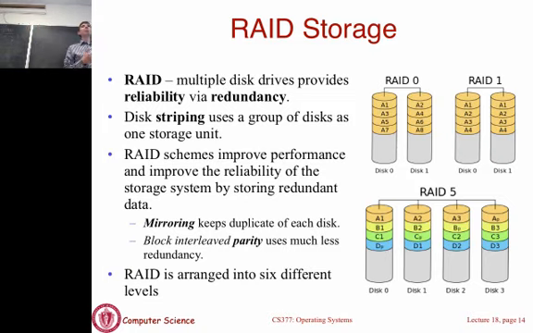The idea is that you keep one extra drive. In this example, we use D1, D2, and D3 to store our actual data, and then D4, this one drive, is used for parity information. The parity information is bits that allow us to reconstruct one of the other drives that failed.